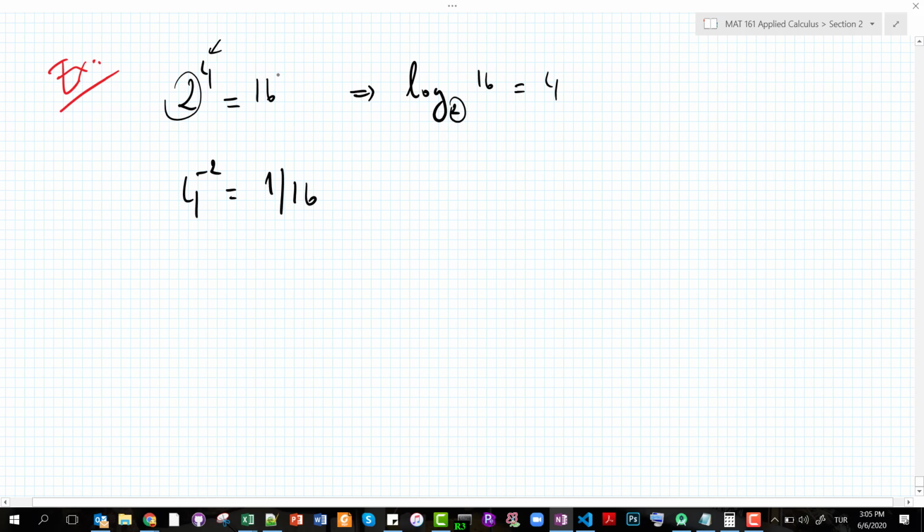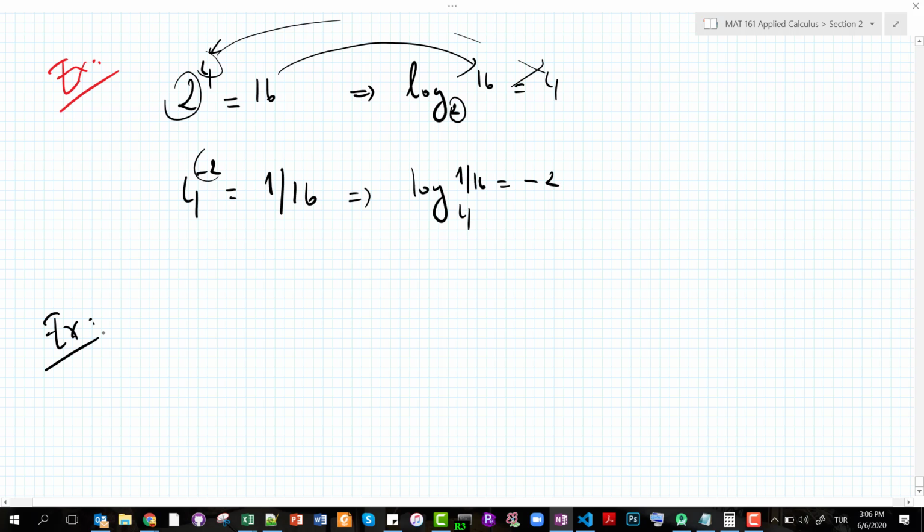That's how you can write it. I will do the same thing here. Look at that. The base will be my base, but I will change the exponent. The value of my exponential expression will go here, and the exponent will go to the other side. That's how you can do it.